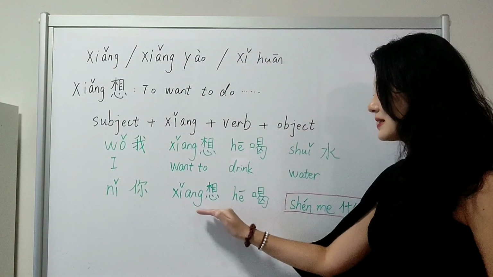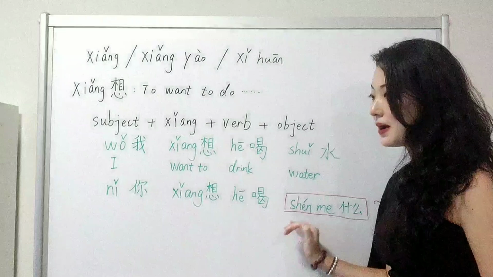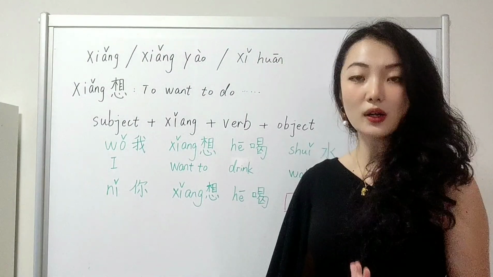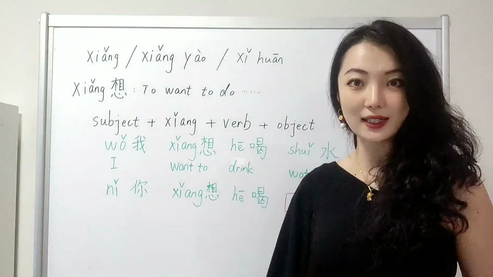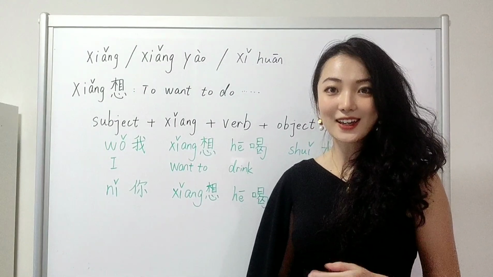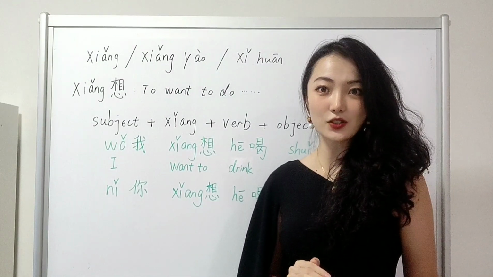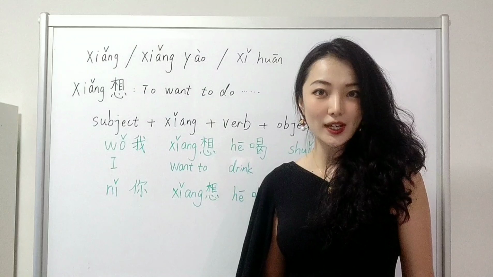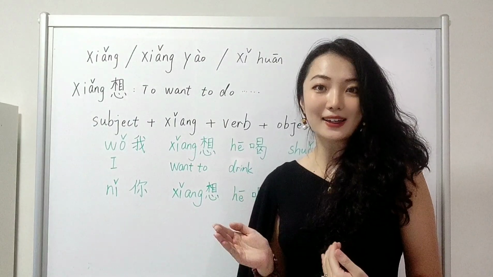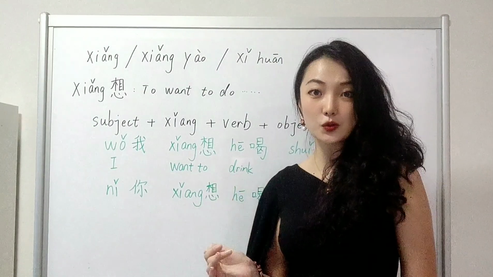So 你想喝什么 just means what do you want to drink? It can also be translated as what would you like to drink, right? So "would like" equals "want to do something".